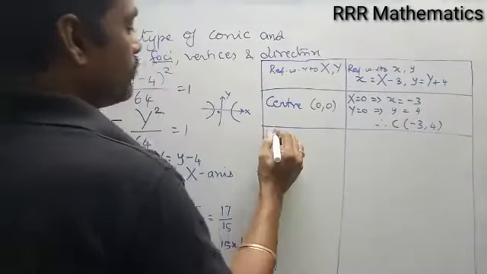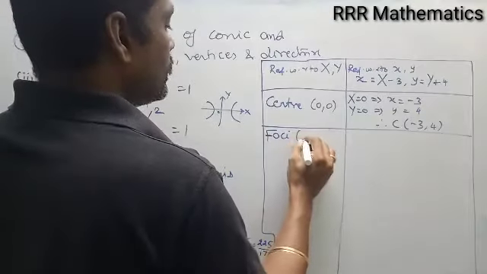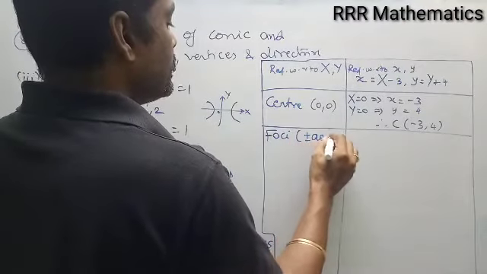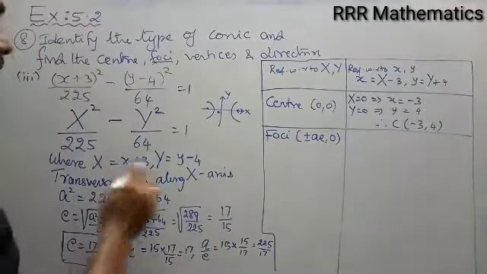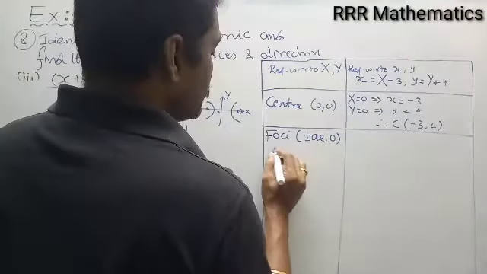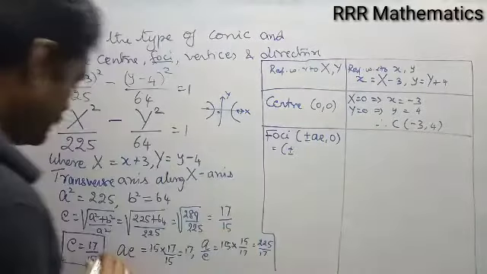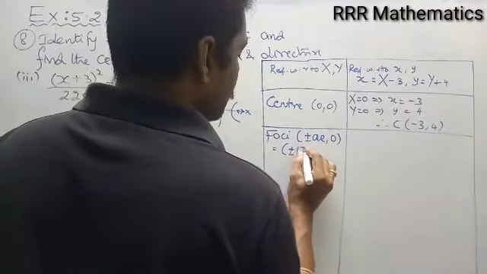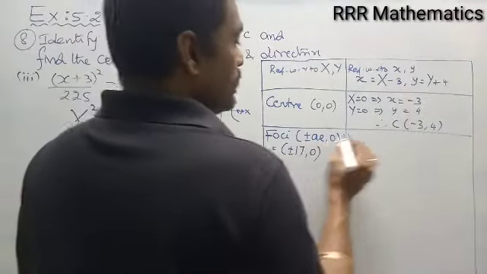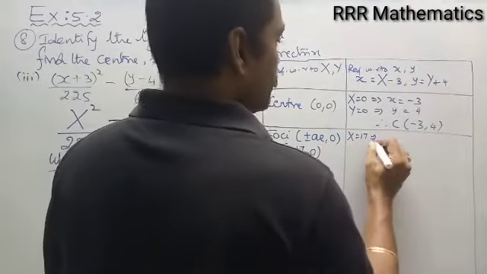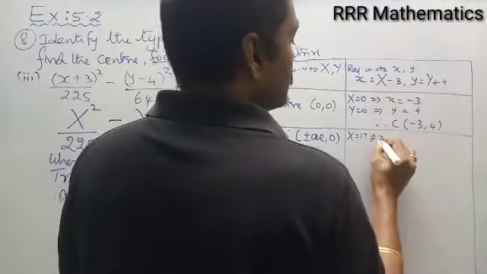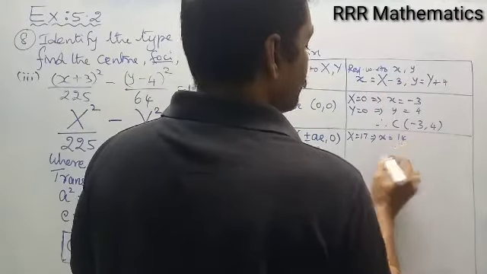Now, foci. Foci will be plus or minus AE, 0. It is on the x-axis, plus or minus AE, 0. What is AE? It is 17, so 17 comma 0. Put capital X equal to 17: 17 minus 3 gives 14.